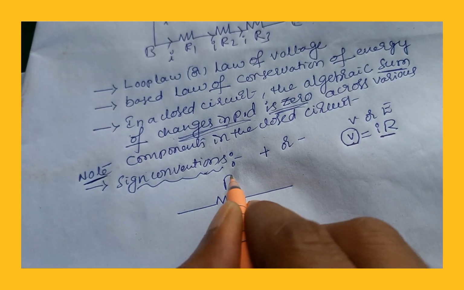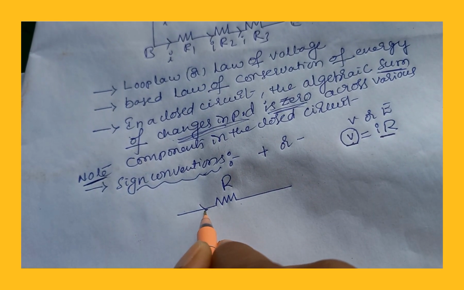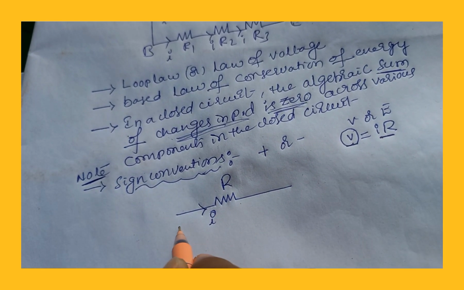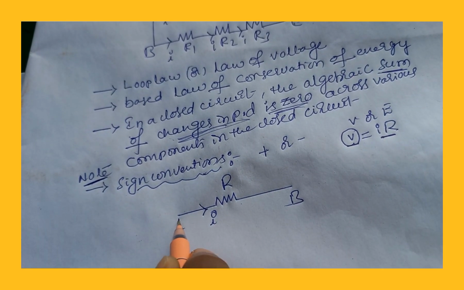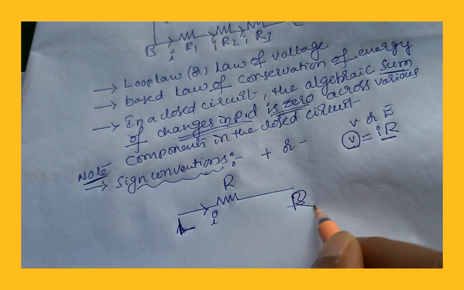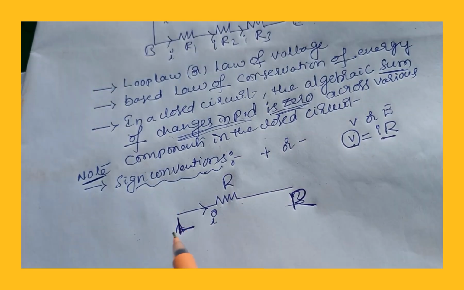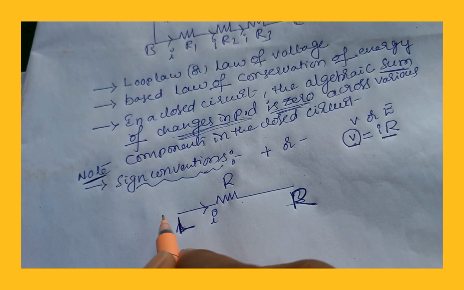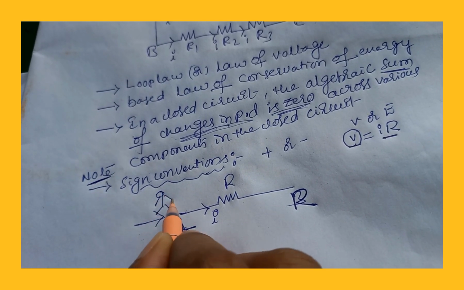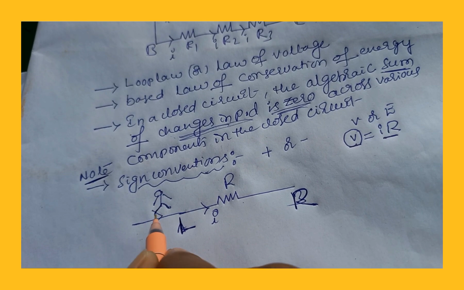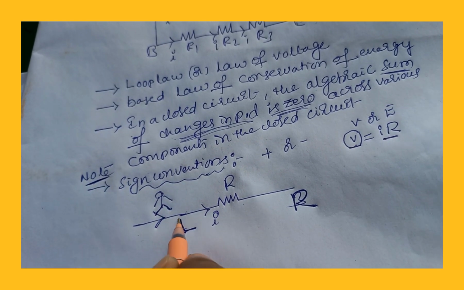A resistance R, and the current in the wire is moving in the direction A to B, that is taken as left to right. Current direction is left to right. Observation is also from left to right.